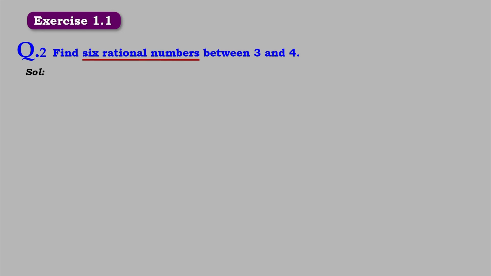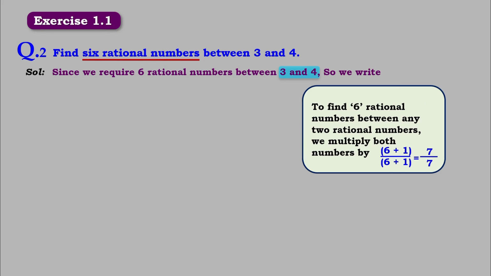Here we need to find 6 rational numbers between these two numbers. To find 6 rational numbers between any two rational numbers, we multiply both the numbers by n plus 1, that is 6 plus 1 by 6 plus 1, that is 7 by 7.